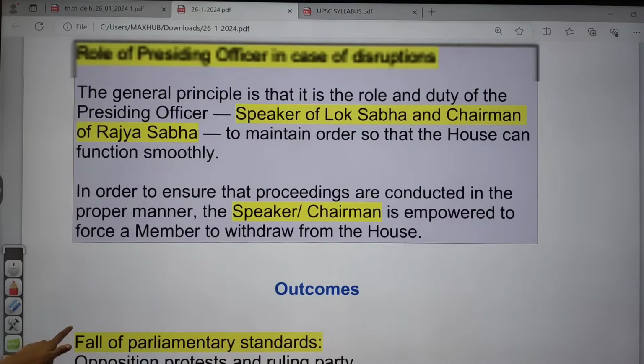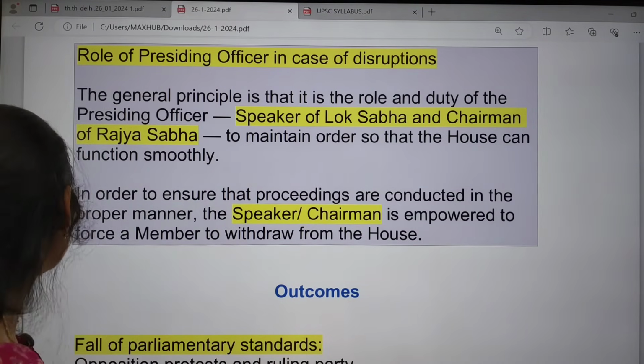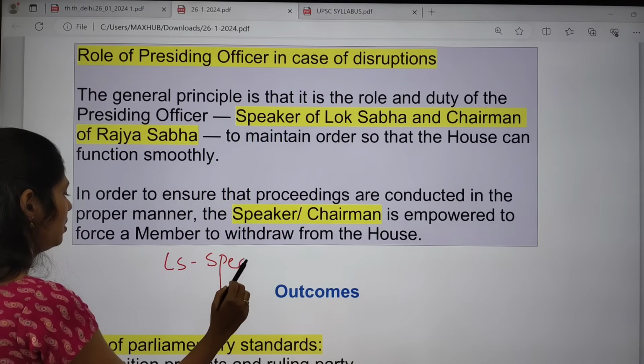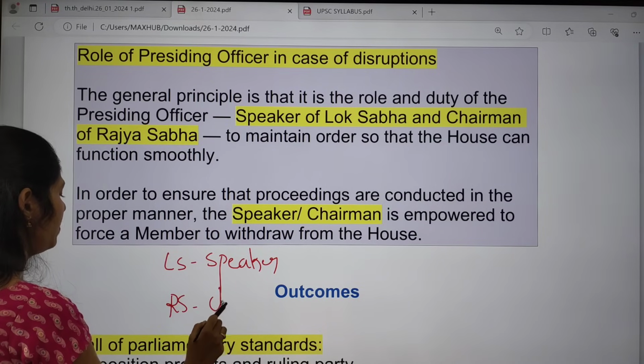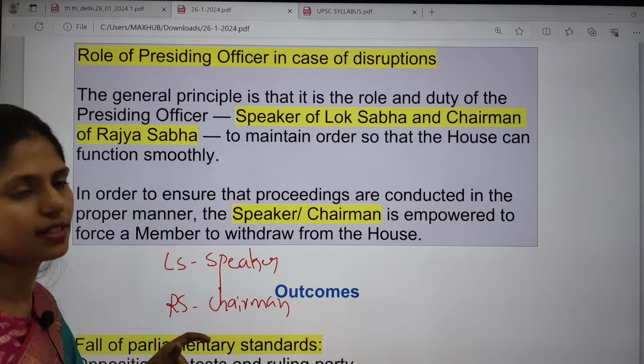So in the case of disruption, who plays a very important role? It is the presiding officer. In Lok Sabha we have the speaker, in Rajya Sabha we have the chairman. So these people play a very important role in parliamentary disruptions.